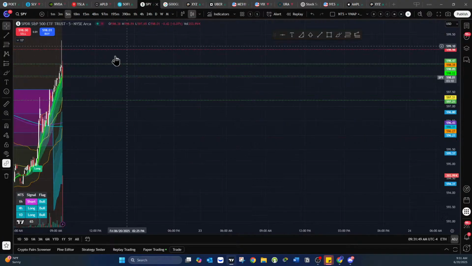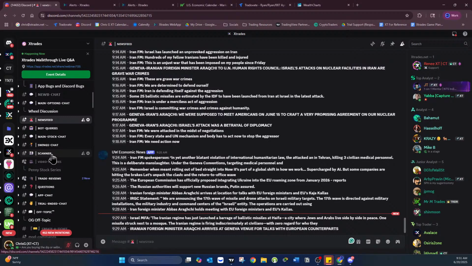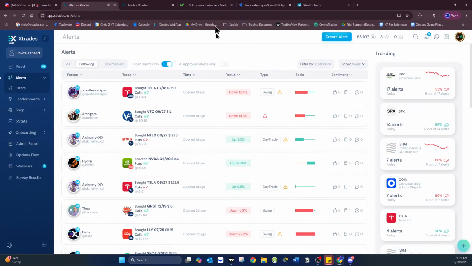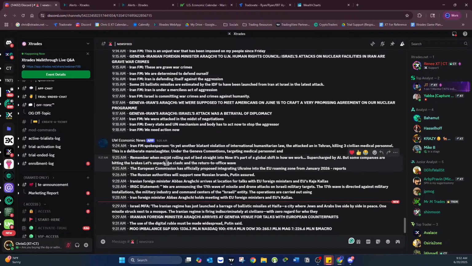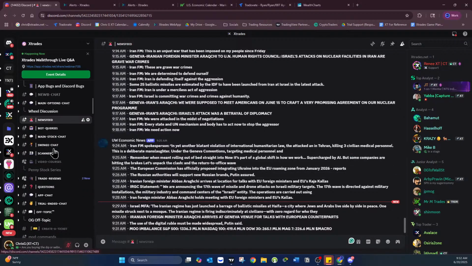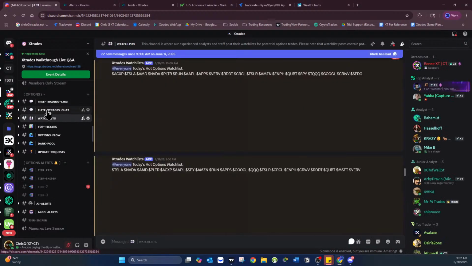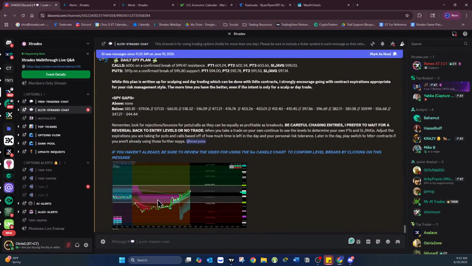Another thing, if you're an options trader, what I like to do is always show off the SPY plan. And by the way, I know I went into a lot here with the app, but if you have any questions on it, just ask in the chat and I promise I'll get to it. But right now we're going to mark the SPY plan. The SPY plan is in the Elite XTrades chat. I recommend you make sure you're following this channel.